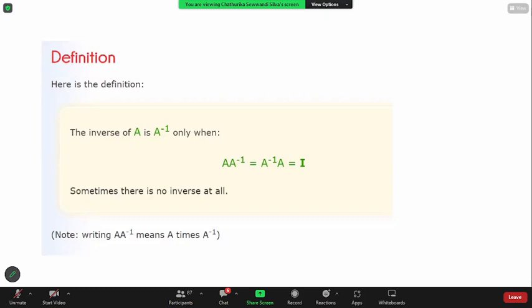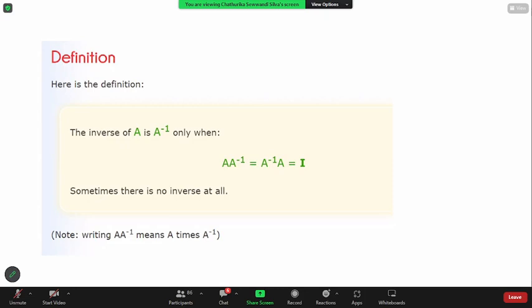So can you name such a situation where we cannot find an inverse? We know that in order to find an inverse, it must be a square matrix. So can you please suggest any occasion where you cannot find an inverse?